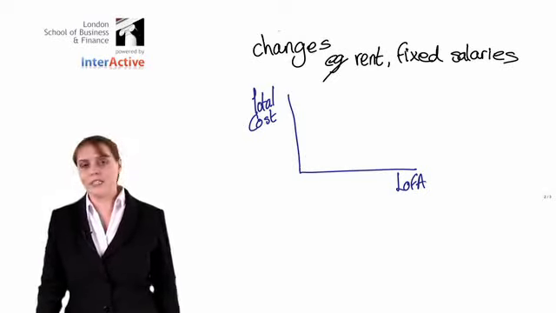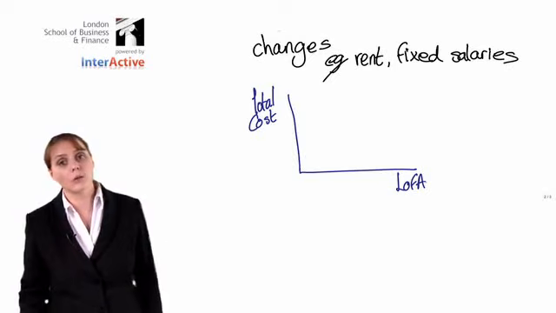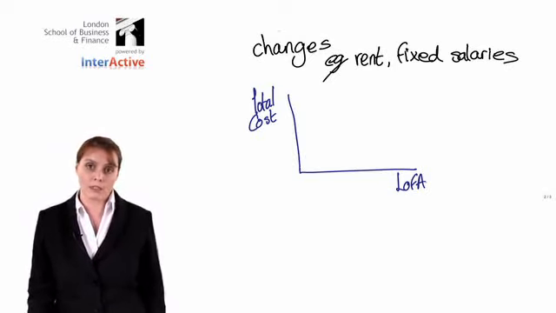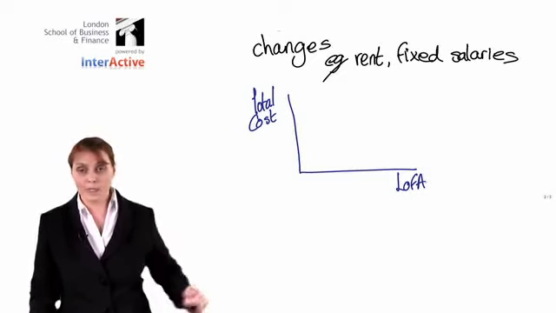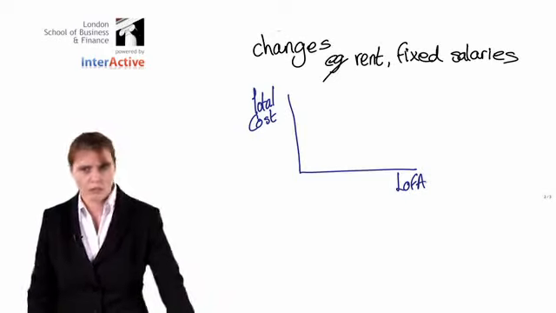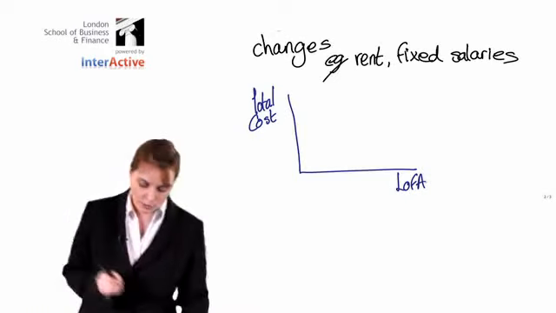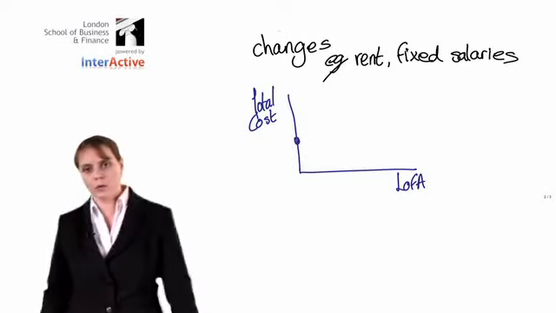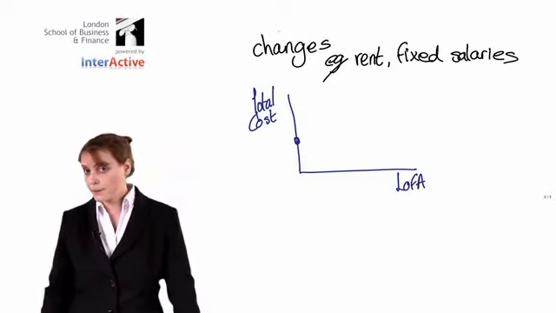When our level of activity is 0, we don't produce any units, are we still going to have to incur our rent? So do we still need to pay our rent? I would argue, yes. I think our landlord would expect to be paid rent regardless of whether or not we've produced units. So when our level of activity is 0, we are still going to have to pay for our fixed costs.